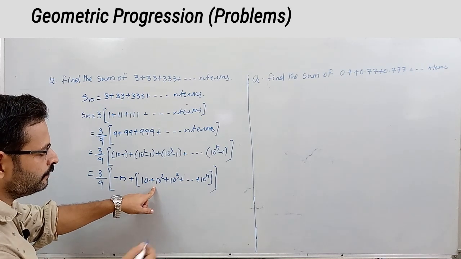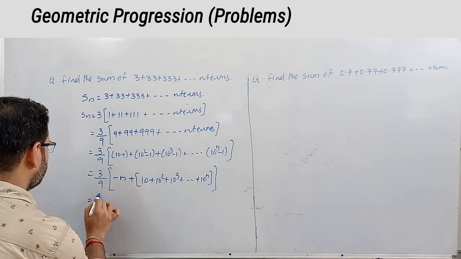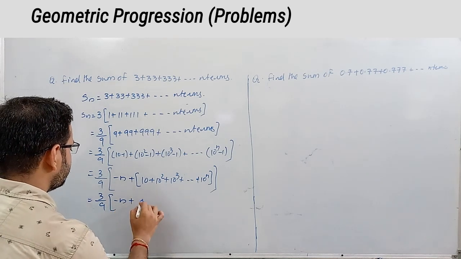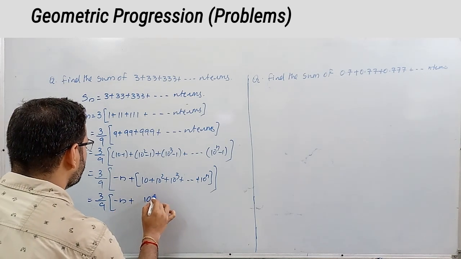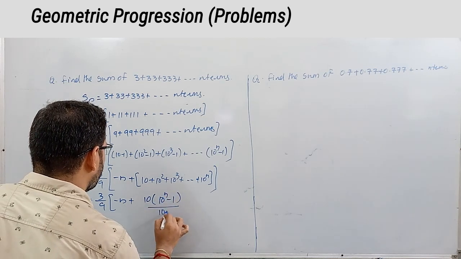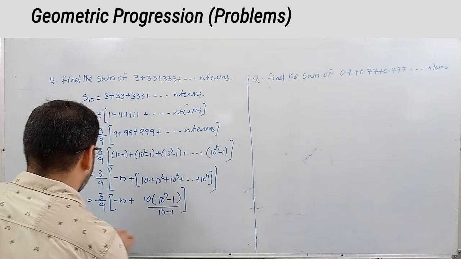We can use the formula, if r is greater than 1, then 3 by 9 times minus n plus a into r raised to n minus 1 divided by r minus 1, where a is 10.